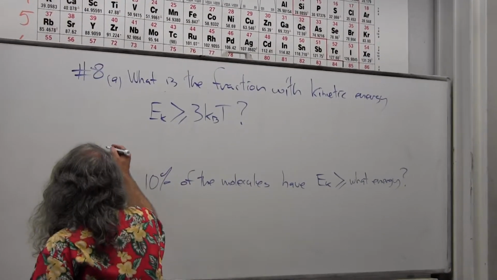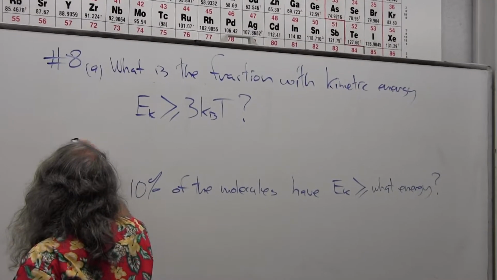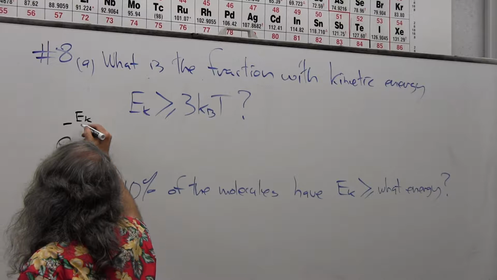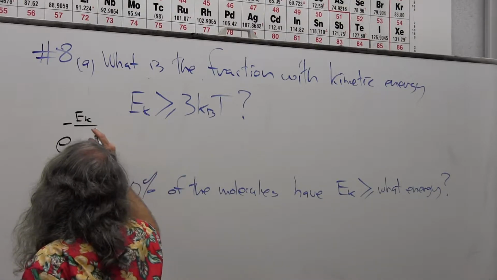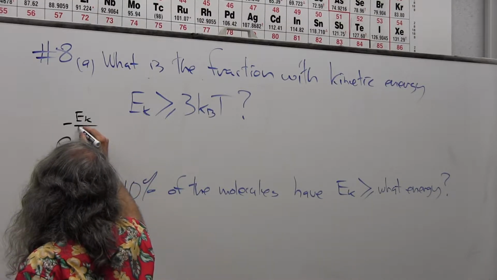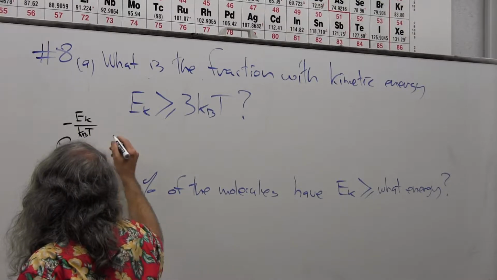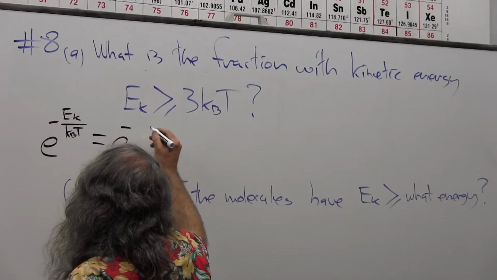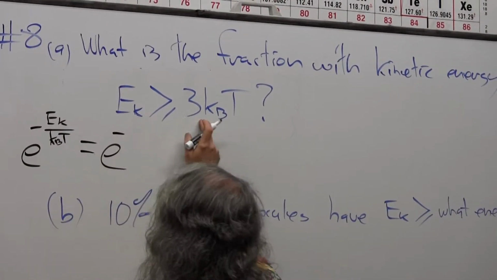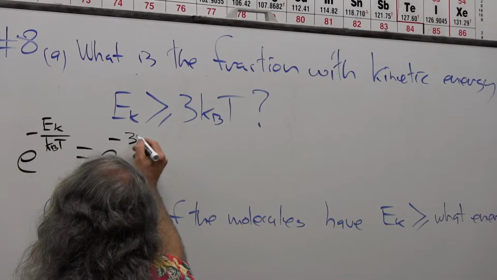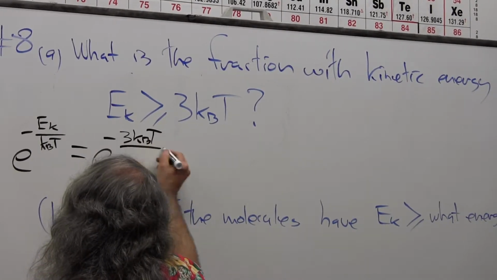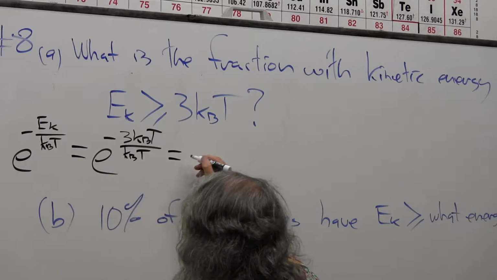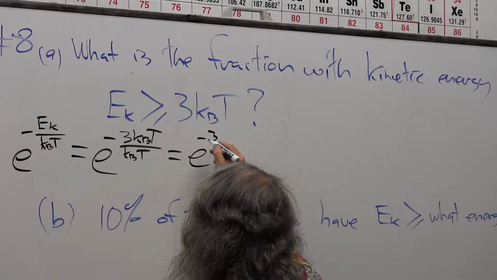That is given by the Boltzmann term, e to the minus E k over k B T, which is e to the minus 3 k B T over k B T, and that is simply e to the minus 3.